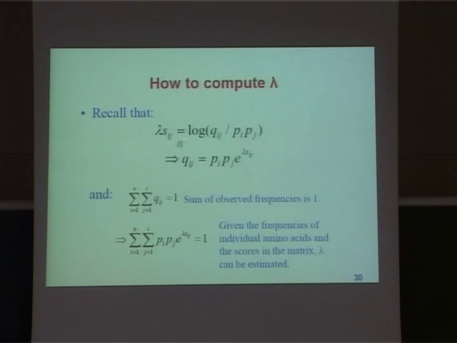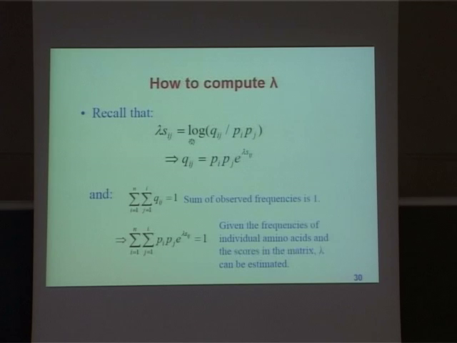So the original score, if the score between two amino acids is Sij in the scoring matrix, if the score is like 7, this 7 is found by multiplying this log-odds ratio with 1 over lambda.